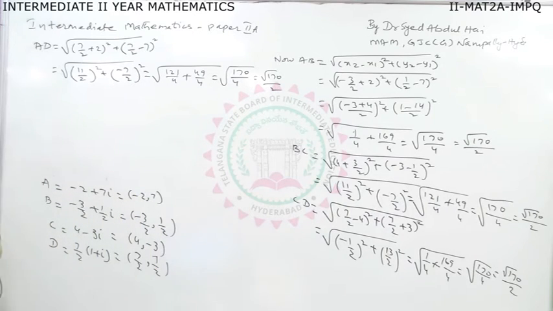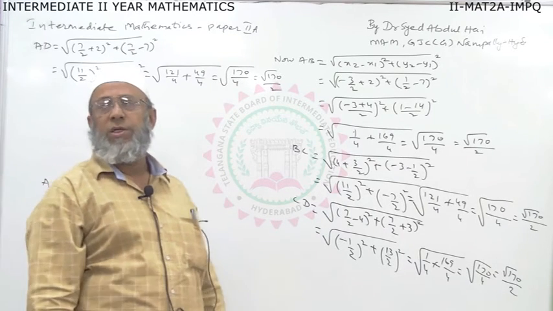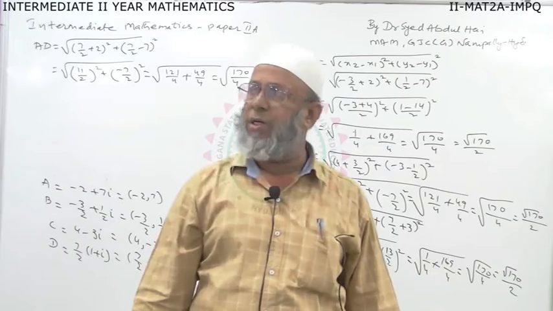So, all the 4 values, that is AB, BC, CD and DA are equal.